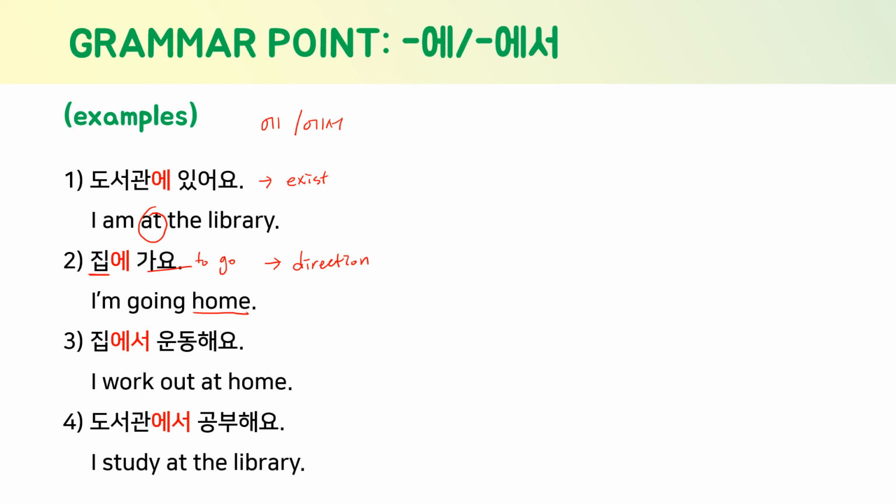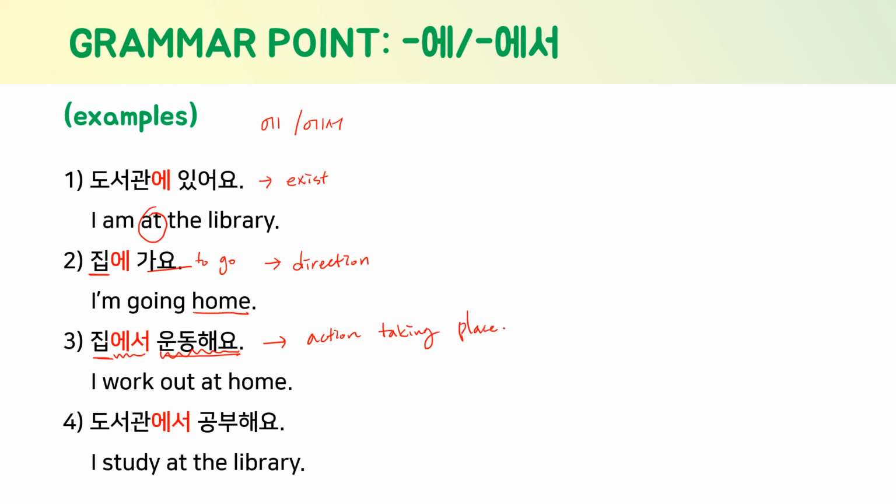Number 3, 집에서 운동해요. At home, exercise or workout. So I work out at home. Here there is an action taking place, like working out. Where? At home. So you add 에서.